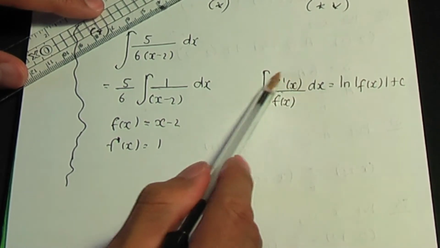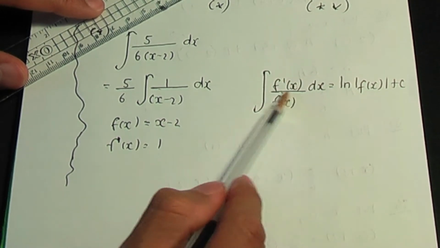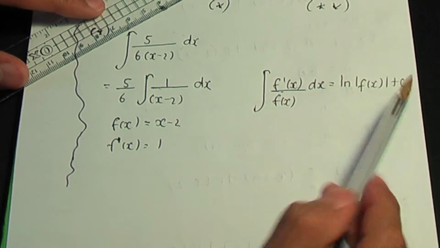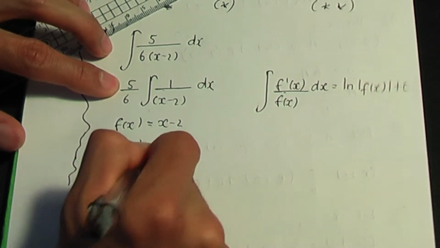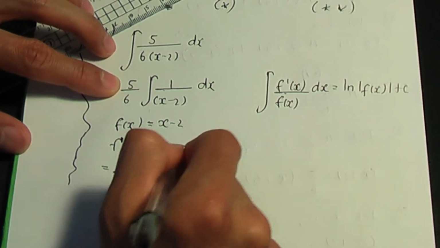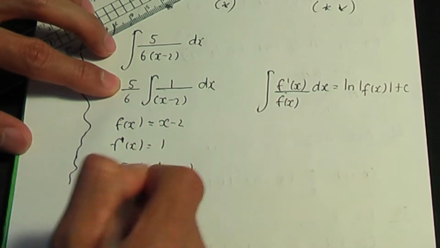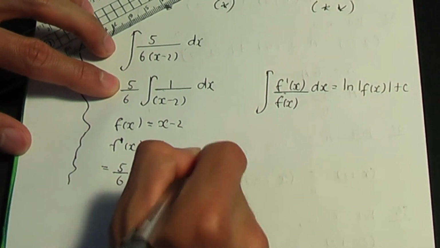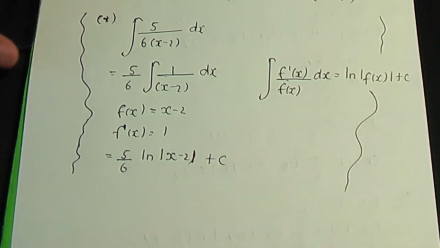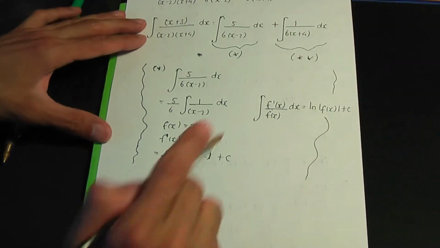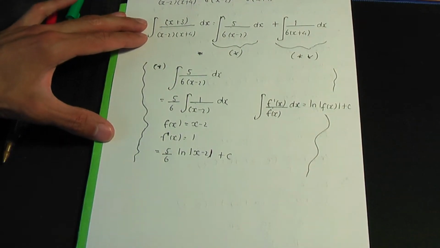Since our numerator is the derivative of the denominator, let's apply that result straight away. We're going to have 5/6 ln modulus of x minus 2, add c. Okay, so that is the result for star.